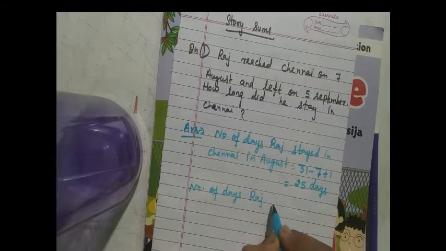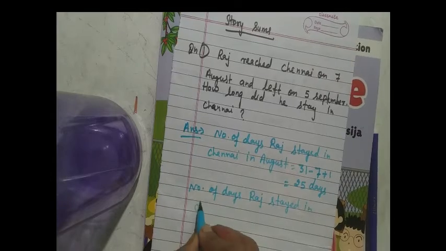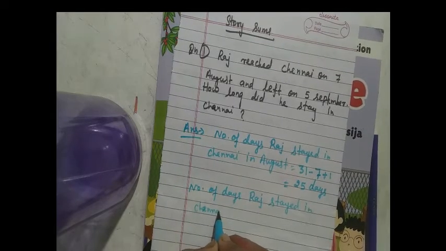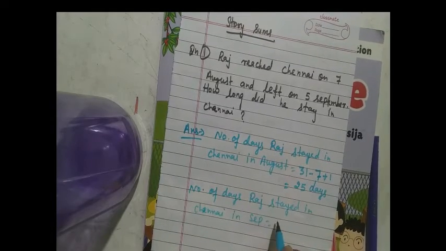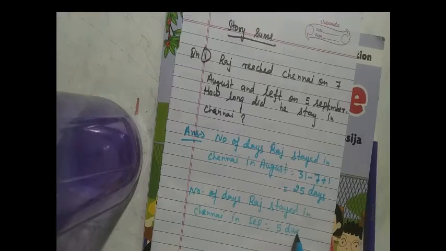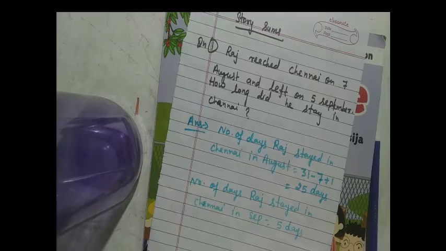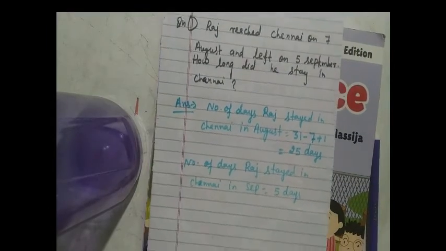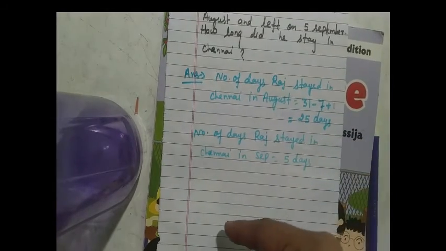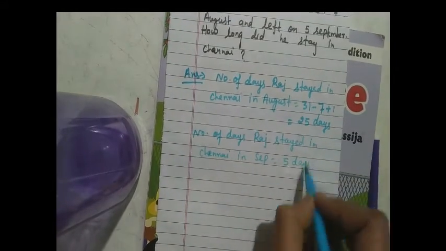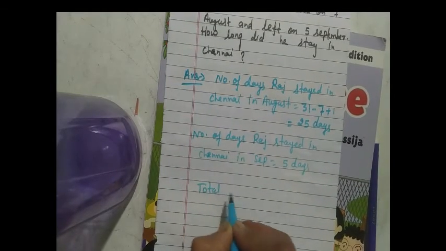Total 5 days, because you can clearly see in the question, on 5 September he left Chennai. So total 5 days in September. So how many days did he stay in Chennai? 25 days plus these 5 days. Total number of days equals 25 plus 5. Clear? How many days now? 30 days is the answer.